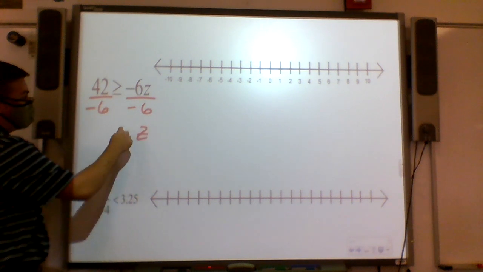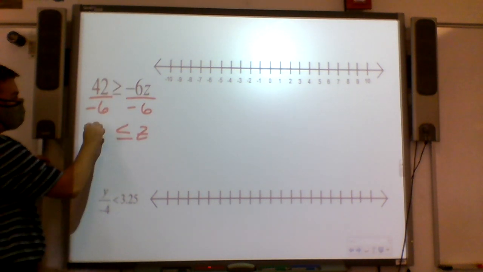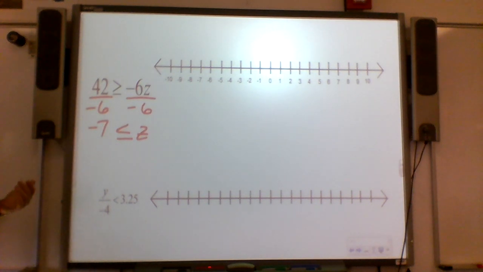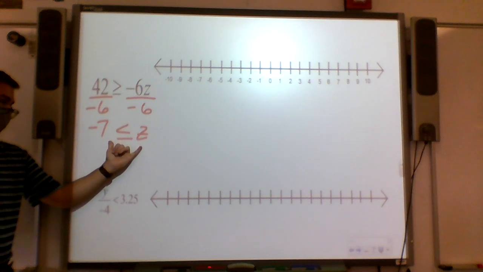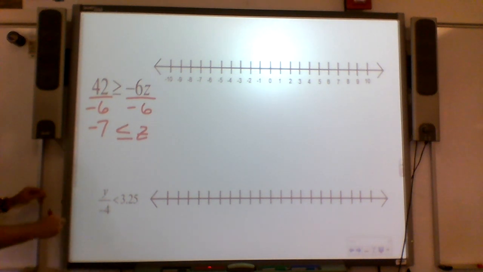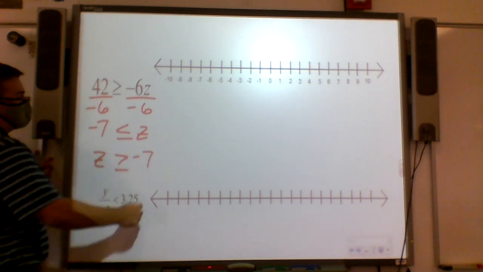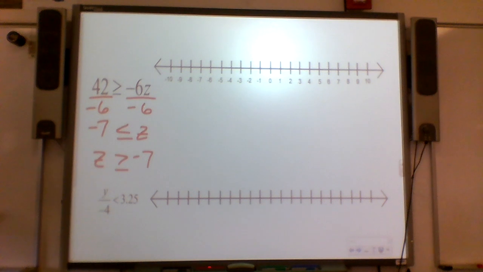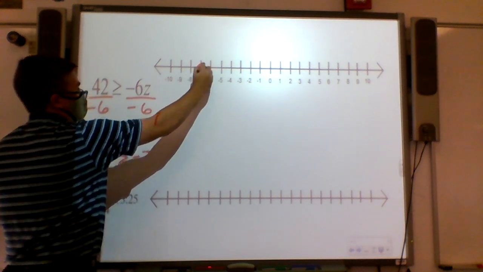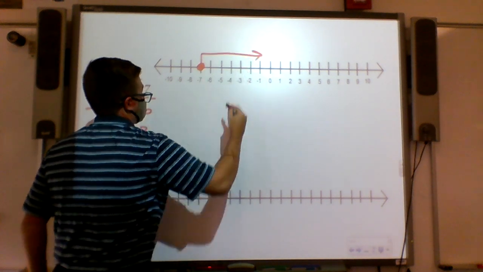So this becomes negative 7. Now, again, like I told you guys, if the variable is on the right side, good practice, flip it so that it's on the left. So z is greater than or equal to negative 7. So on the number line, we put a closed circle on negative 7 and shade it to the right.